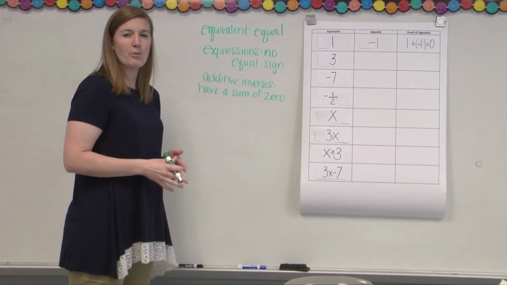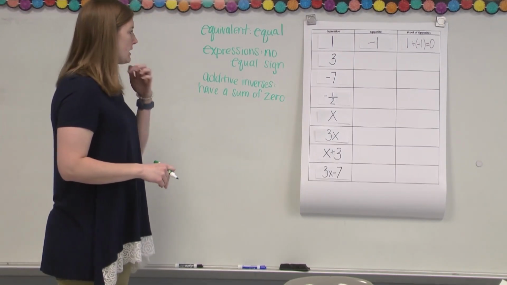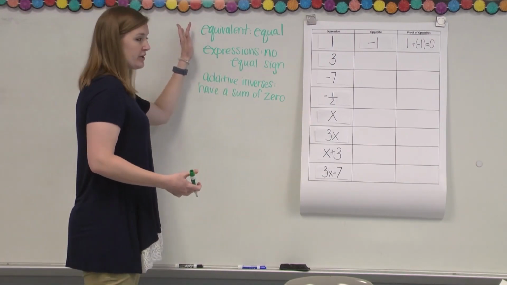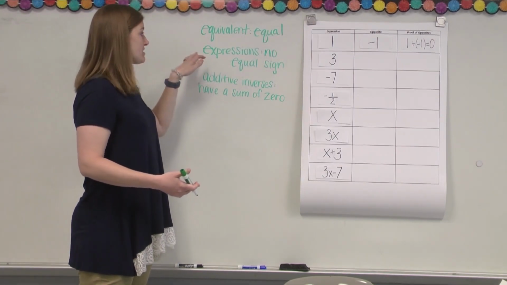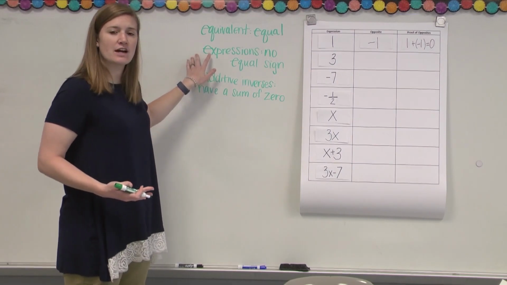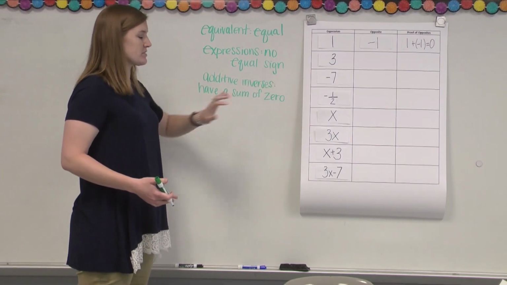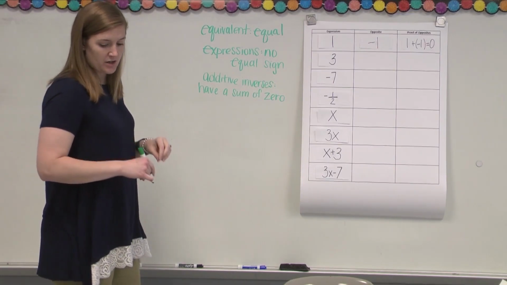I know it's kind of a lot. I'll pause so you can write it down, but we're talking about generating or creating equivalent, which means equal, expressions, which don't have an equal sign. And in order to do that, we're going to be using additive inverses, which have a sum of 0.